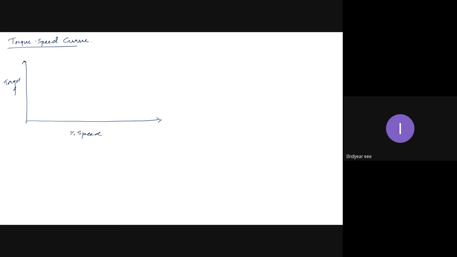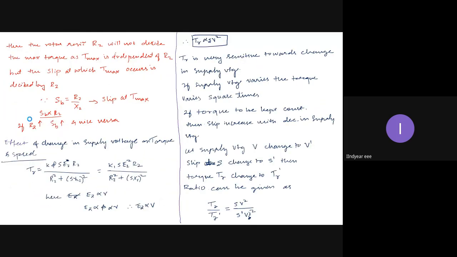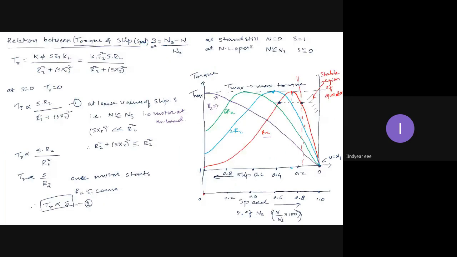You can observe in the torque slip characteristics, the speed is varying from left to right, whereas slip is varying from right to left.